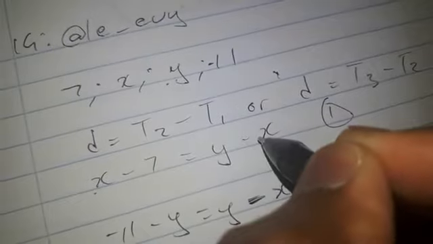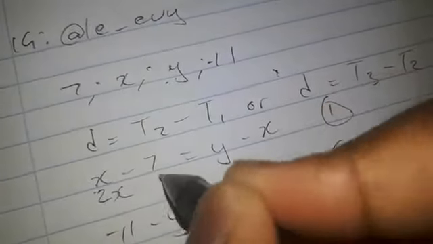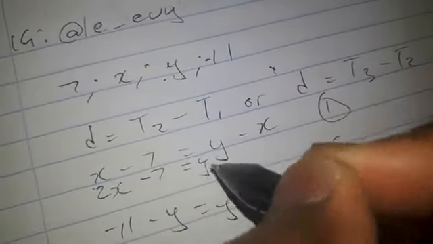This negative x, if you take it over, it's going to be 2x minus 7 equal to y. So let's throw this in here.